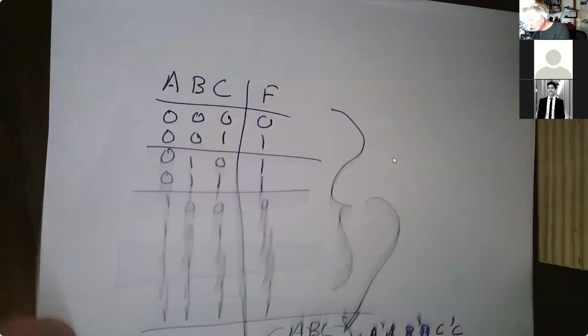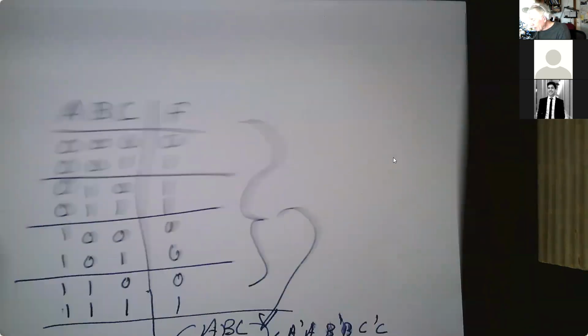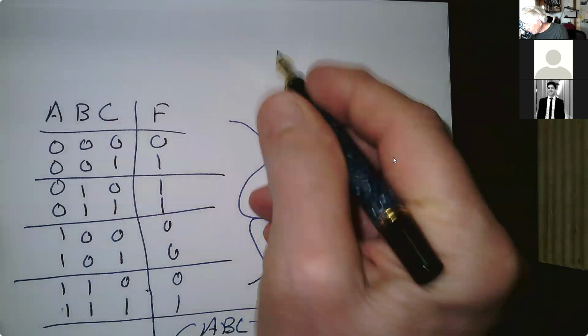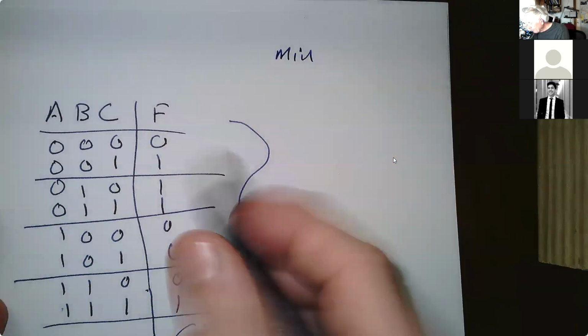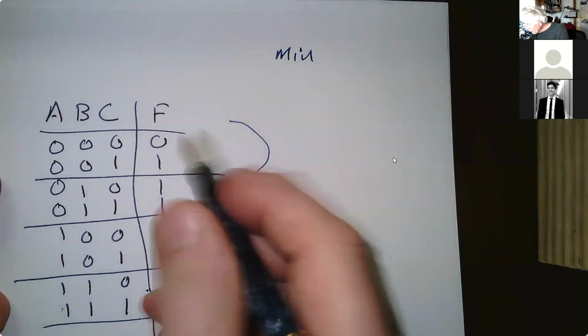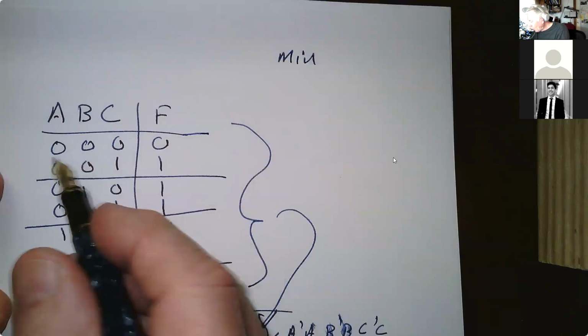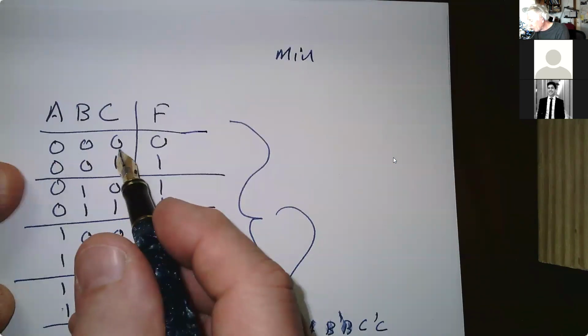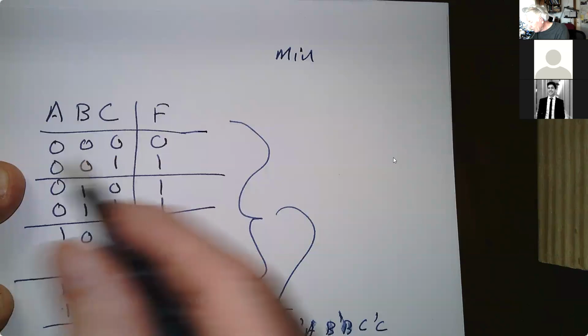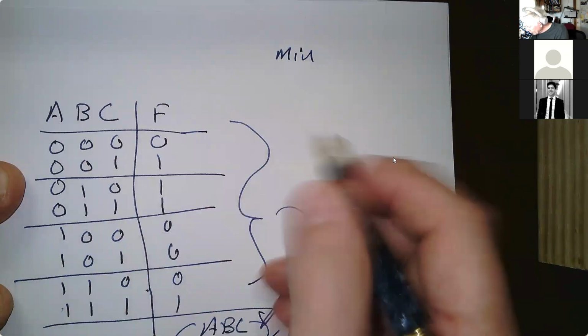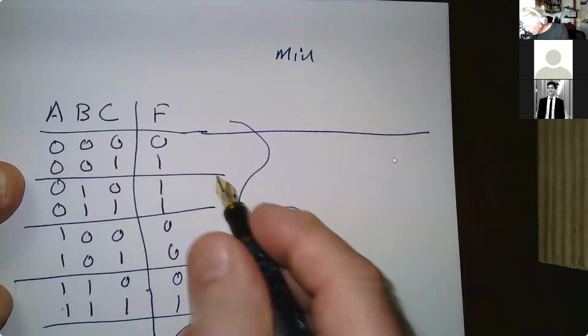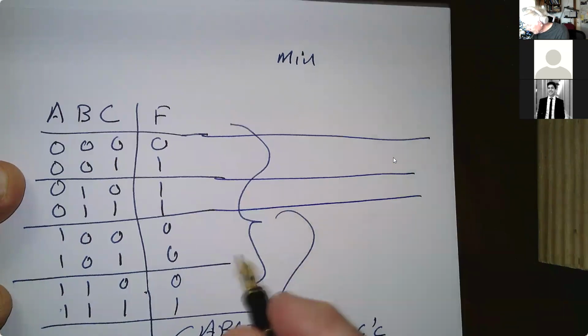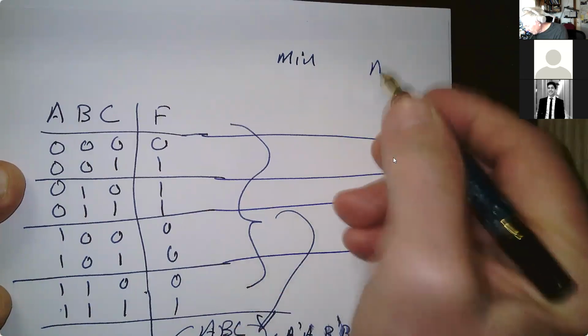If we take this truth table, let's do the min terms to start with. We just look at these and we can write it. We'll do the max terms in a minute.